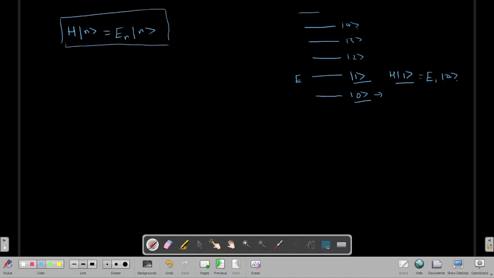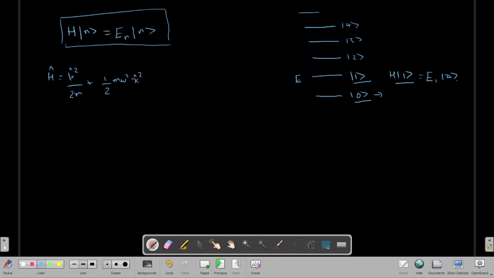Now, here for harmonic oscillator, we know our Hamiltonian is written as p square by 2m plus half m omega square x square.